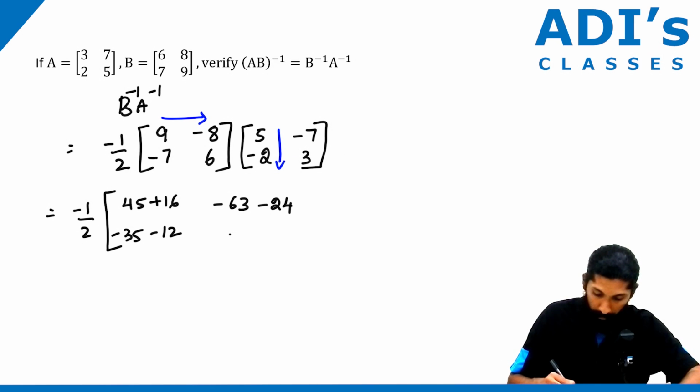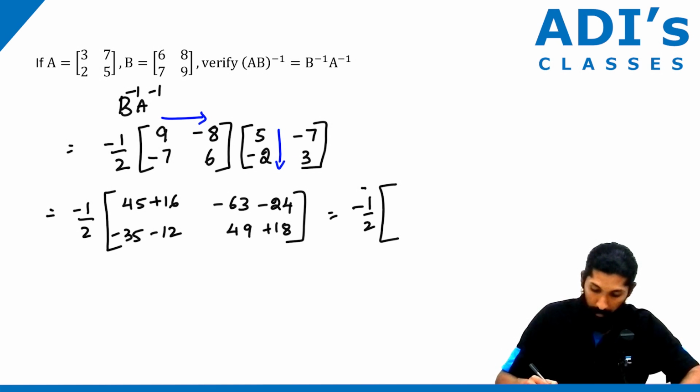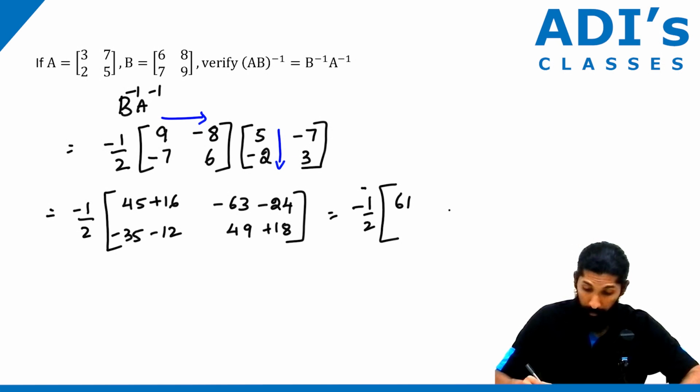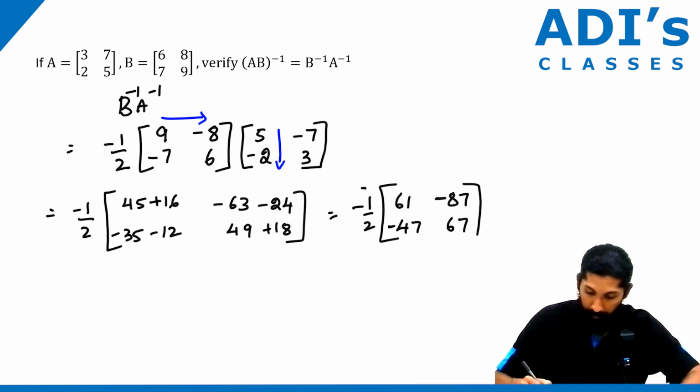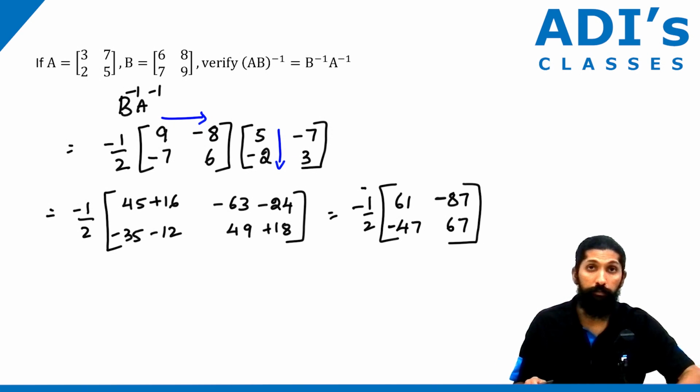Then you have 49 plus 18. So let's keep the minus 1 by 2 as it is. This is going to give you 61. Then minus 63 minus 24, which is minus 87. Then this is going to give you minus 47. Then 49 plus 18 is going to give you 67.